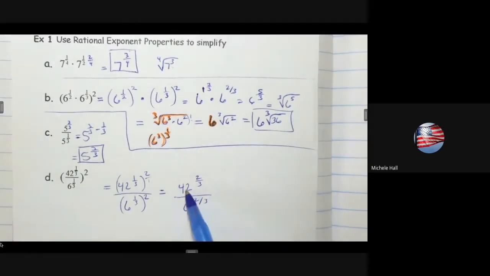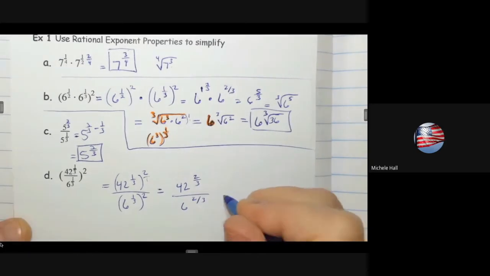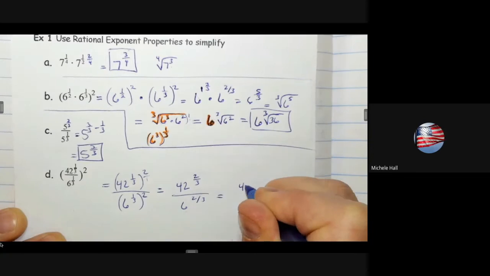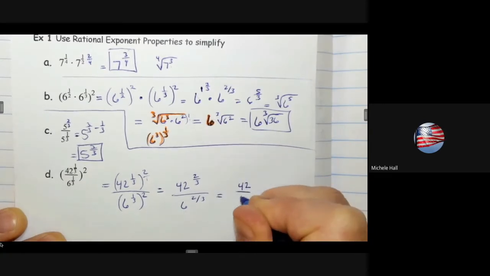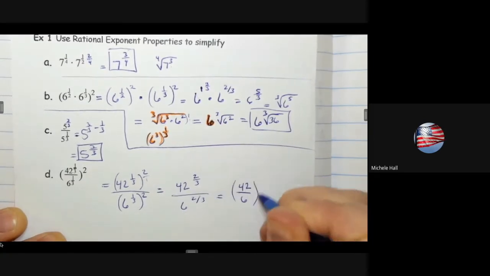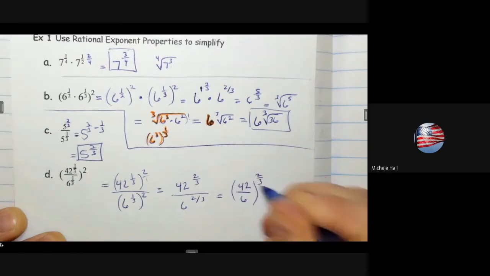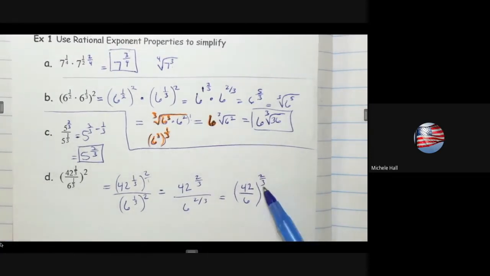I like 42 divided by 6. And so I'm going to take where we have the same rational exponent, and I'm going to change this into 42 divided by 6 raised to the 2/3. If I applied that power rule, it'd still be 42 to the 2/3 divided by 6 to the 2/3.